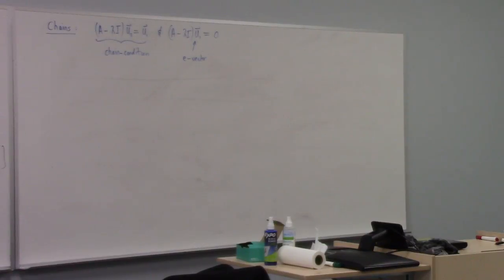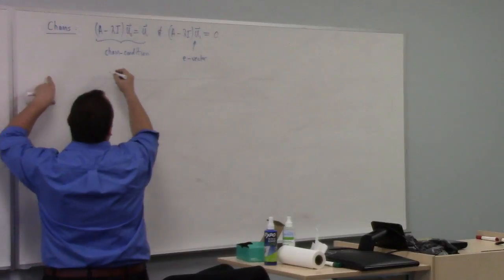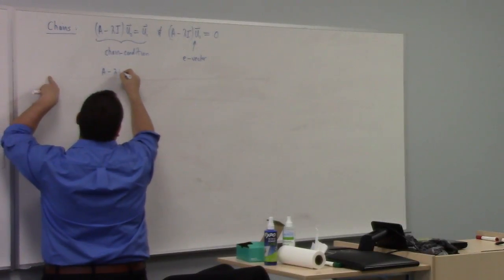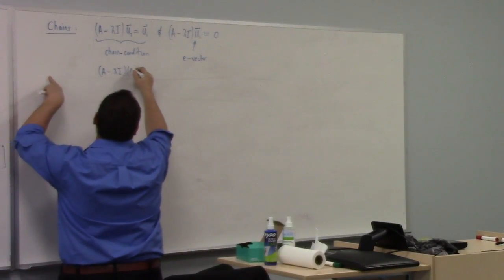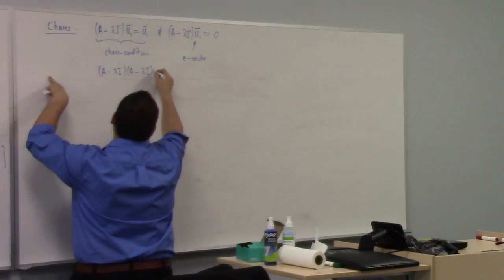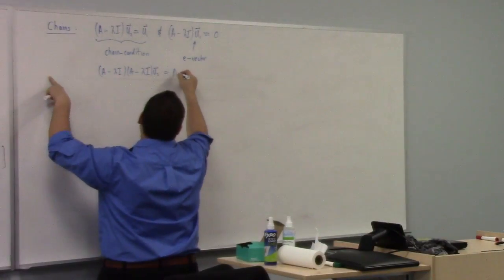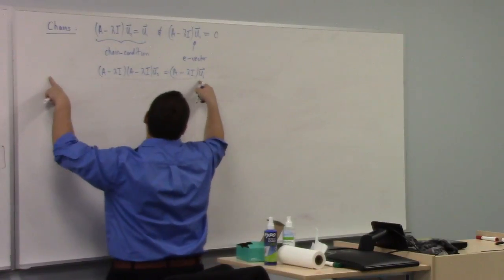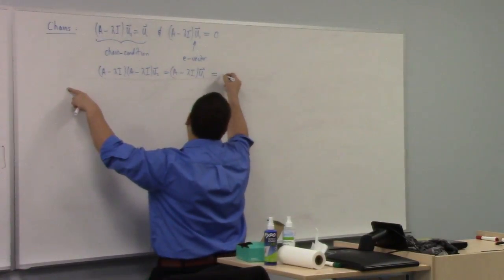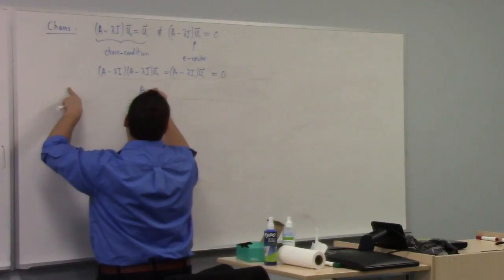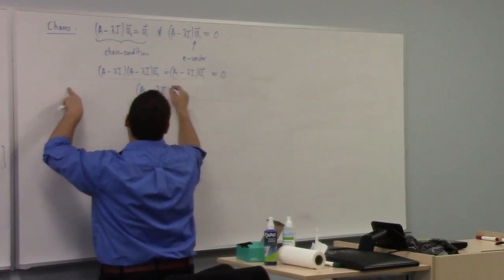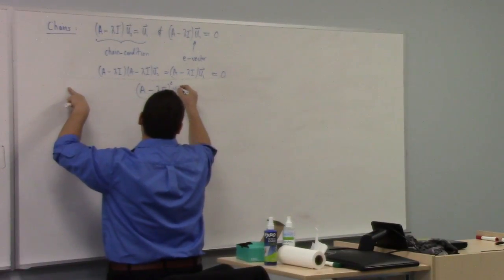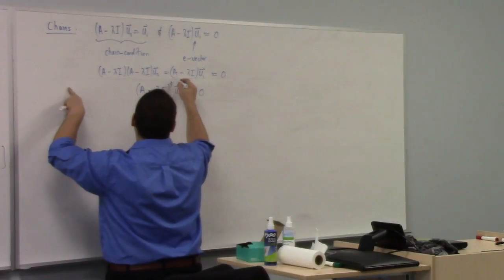But anyway, that's the chain condition. Why is that good? Because if you calculate (A minus lambda I) times (A minus lambda I) u2, you get (A minus lambda I) times u1. But what's (A minus lambda I) times u1? That's 0. So we've got (A minus lambda I) squared times u2 equals 0.